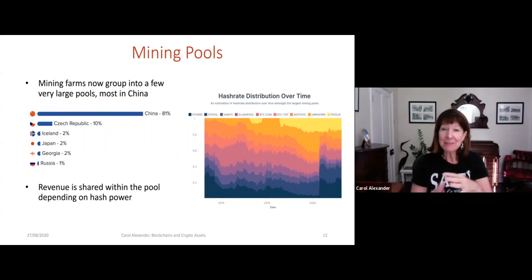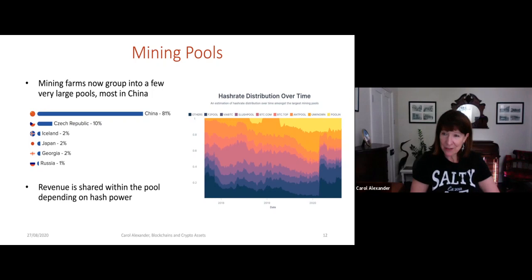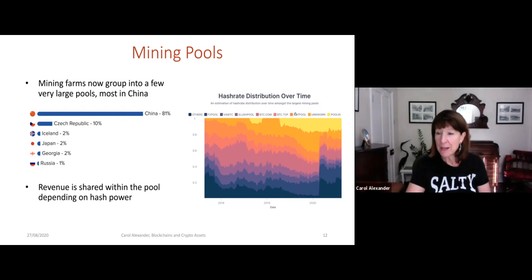Farms then gather into mining pools, which are conglomerates of farms, and most of them are in China, mostly in the north, where it's much cooler and it doesn't cost so much to cool these machines. So those statistics here analysing the network show that F2Pool, ViaBTC, Slush Pool, BTC.com, BTC.TOP, AntPool, Poolin, they're all in China, and they have others.